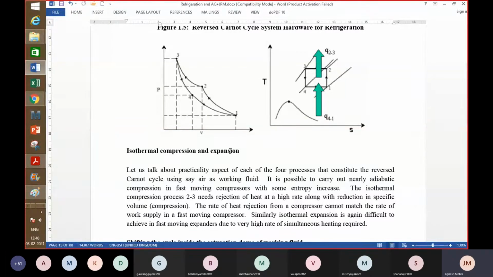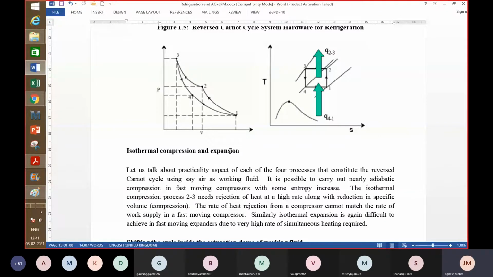In modern times, we carry out these processes with different types of compressors and turbines, right? So do you know any of those compressors or turbines which run very, very slowly? In practice, almost all of them are very fast moving devices, right?